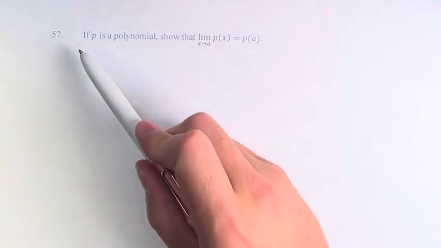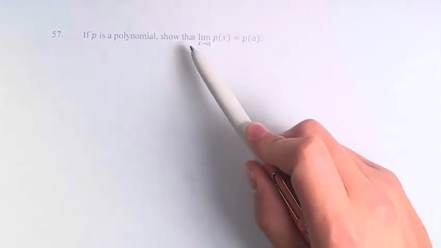In this problem, we're told, if p is a polynomial, show that the limit as x approaches a of p of x is equal to p of a.